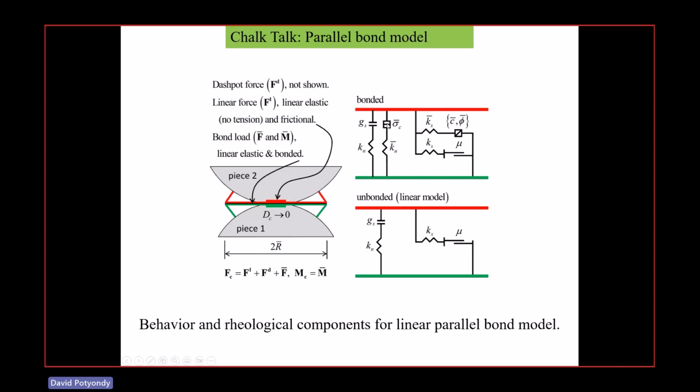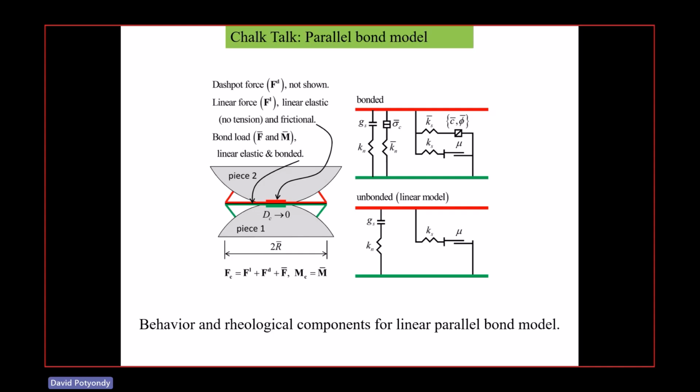So it's again like a fuse. It can break, it can carry tension. So if I pull this apart, the tension is only getting carried in the cement because the surfaces are not taking tension. But when I squeeze it together, this spring is active, and this spring is active. So this material is going to have a different overall modulus when I squeeze it than when I pull it. It'll have a lower modulus in tension.